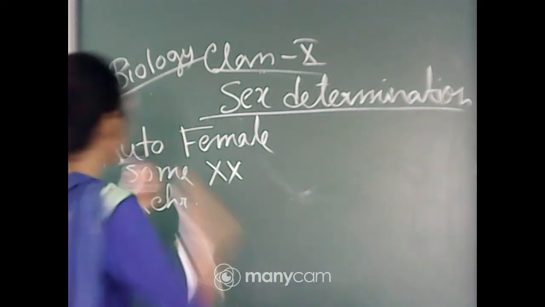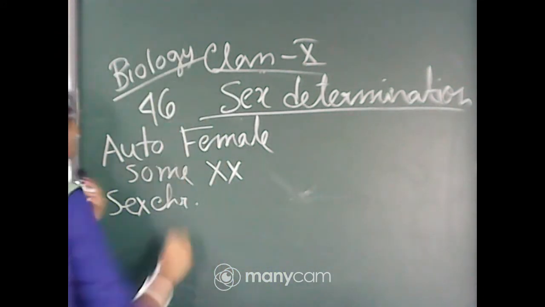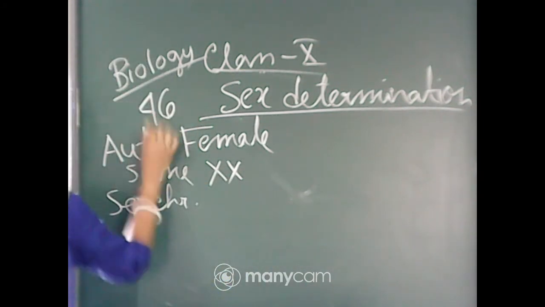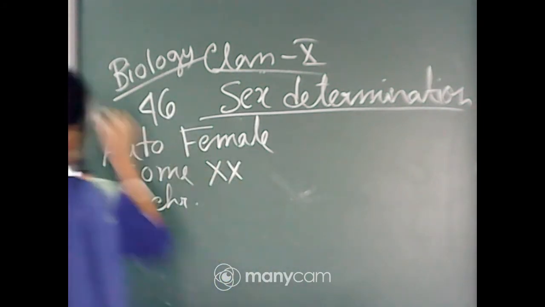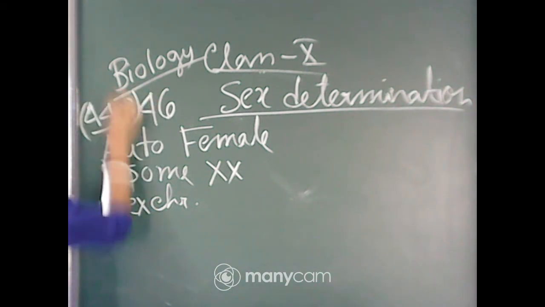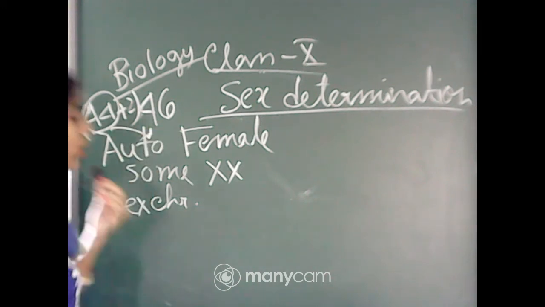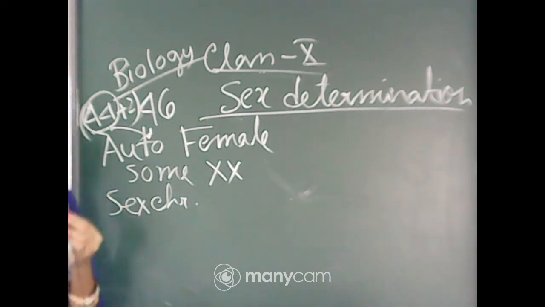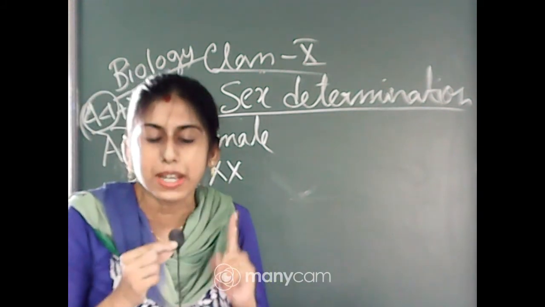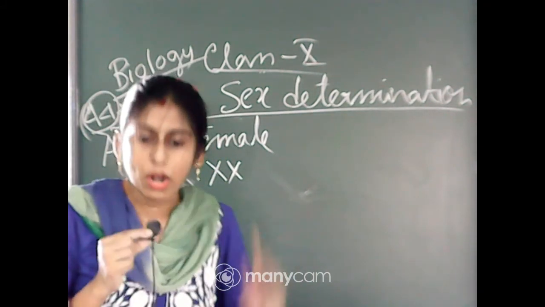In human it is 46, or we can call it 23 pairs. Among them we can write it like 22 plus 1 pair. So 22 pairs are body chromosomes or autosomes, and one pair is sex chromosome or allosome.